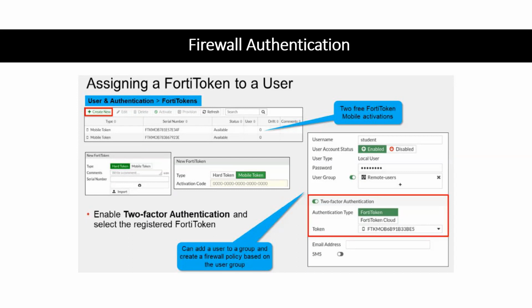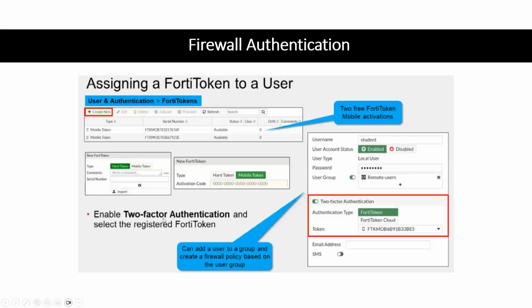That FortiToken is synced up to the FortiGate and it's assigned to actual users, groups, etc. As you can see, you can use that mobile token, aka the software token, or the hard token, the actual FortiToken device, and it'll be synced up by then.